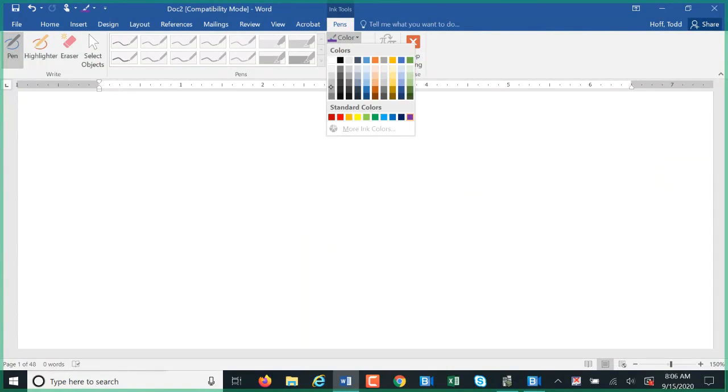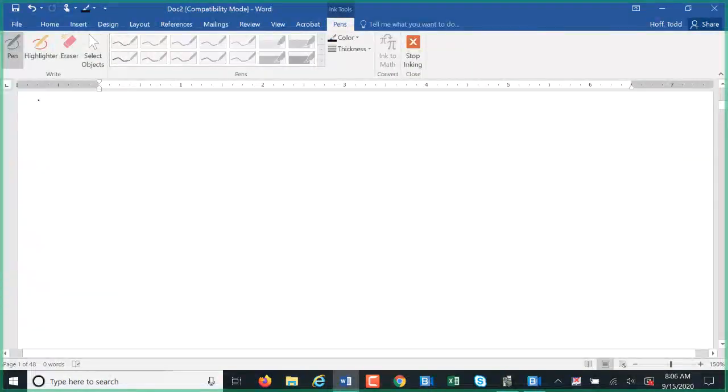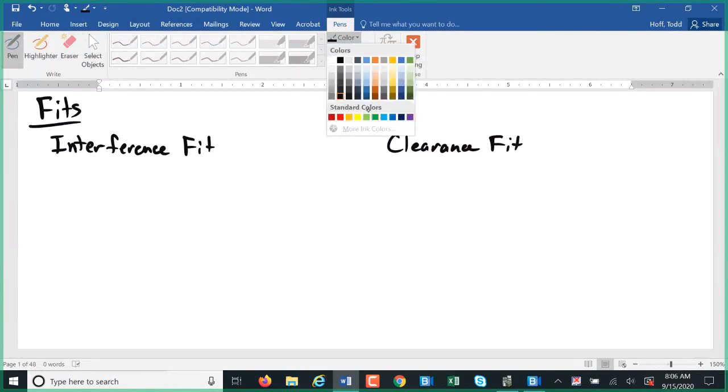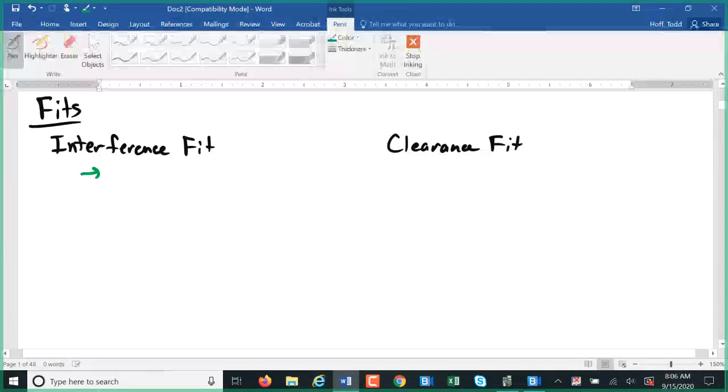I want to talk a little bit about special fits. We have two types of fits. We have an interference fit and a clearance fit. An interference fit is intentionally designed so that two parts bind.